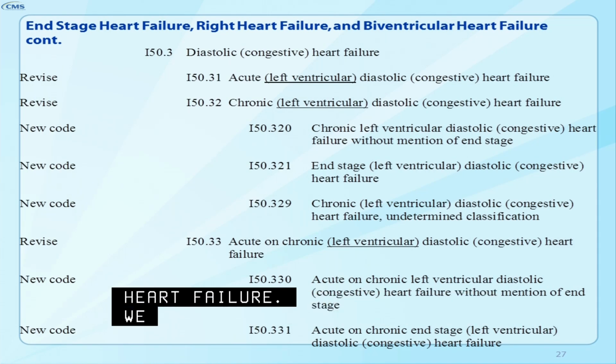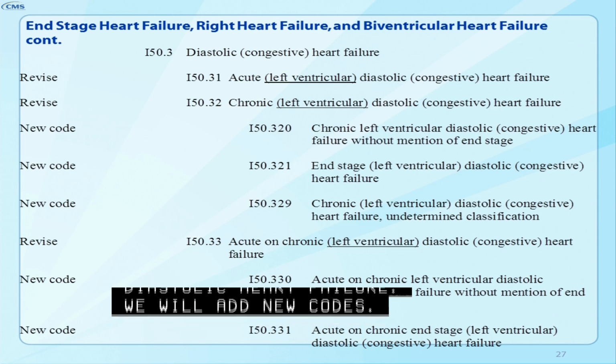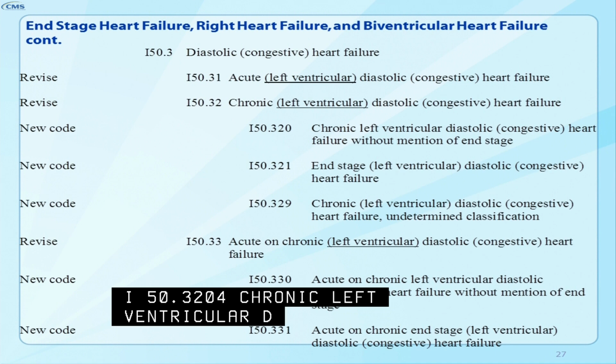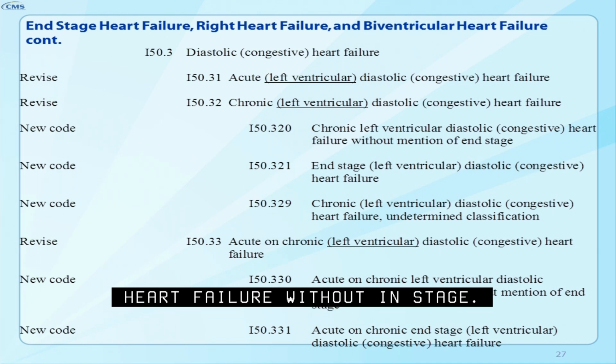And we would add new codes there, I-50.320 for chronic left ventricular diastolic congestive heart failure without mention of end stage. And looking at that, we didn't get left ventricular in parentheses as we should have, but we would plan to do that also. My apologies.